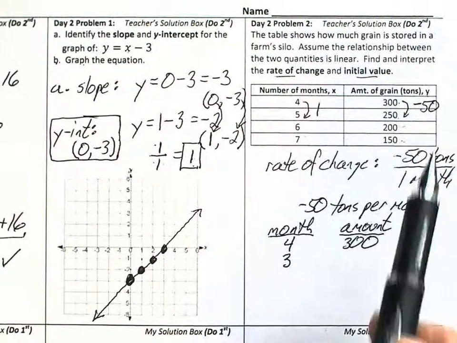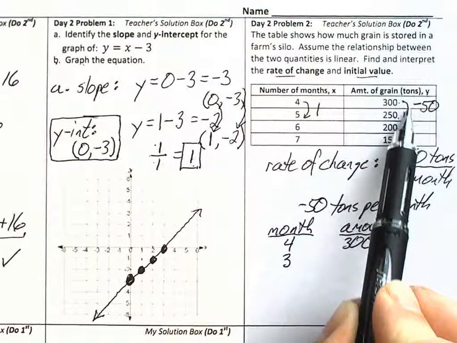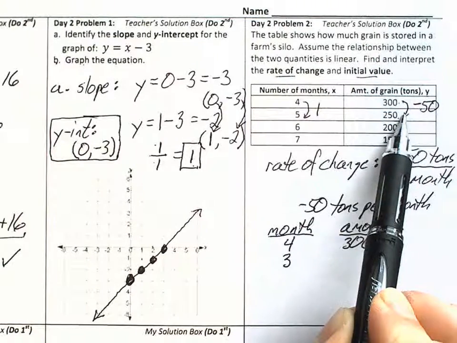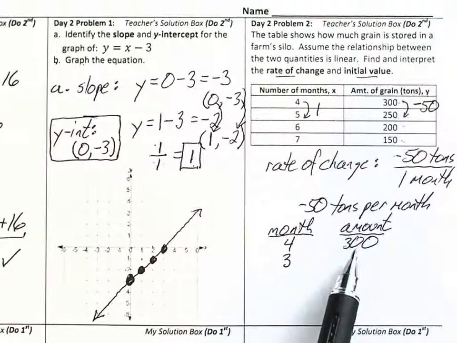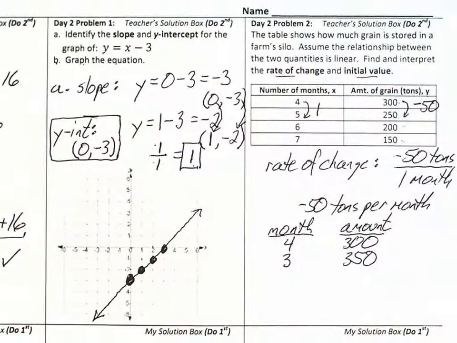The rate of change that we noticed is every time the month increases by 1 unit, the amount of grain in the silo is decreasing by 50. So how much was there in the silo before the 300? There was 350 tons. And then when 1 month went by, it decreased by 50 and made 300 tons.